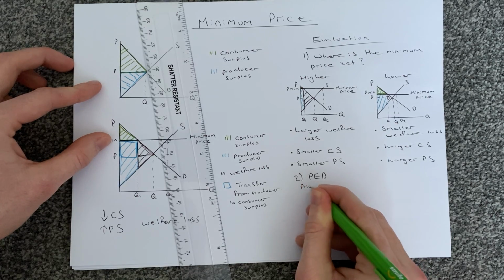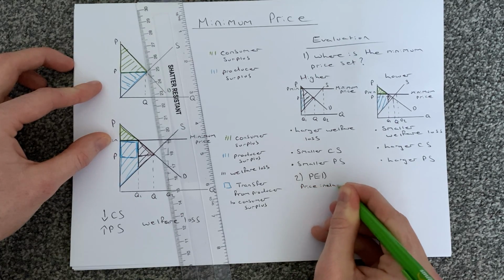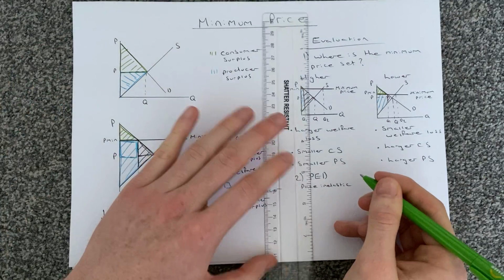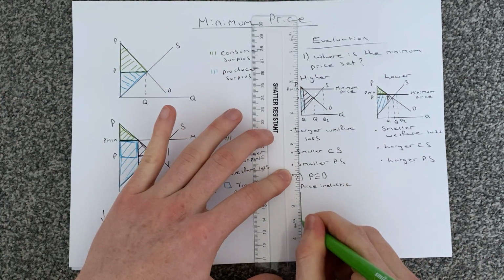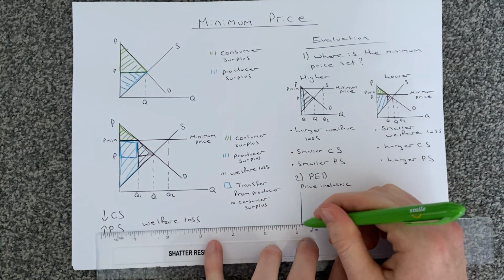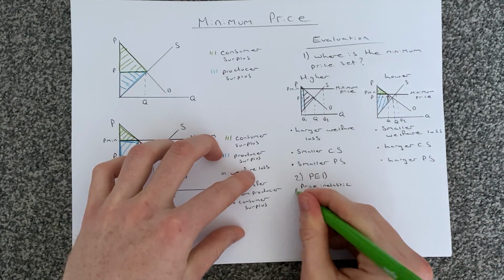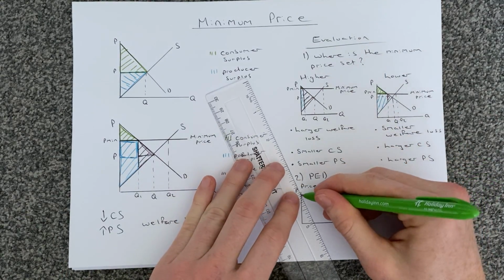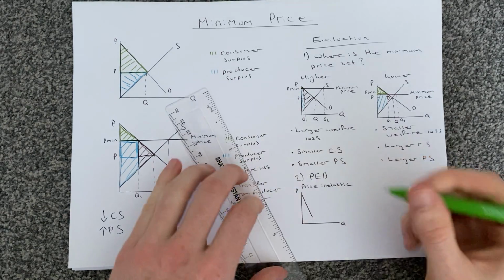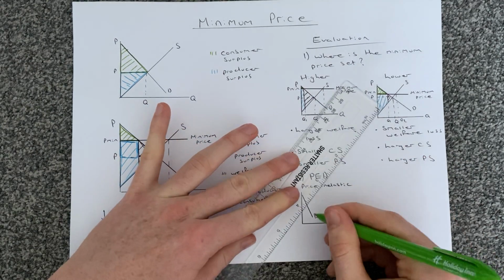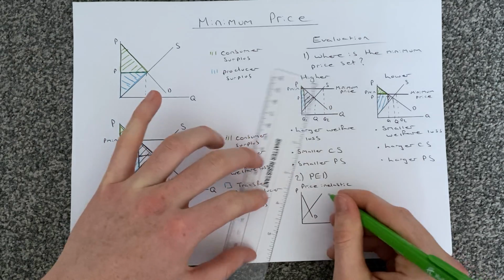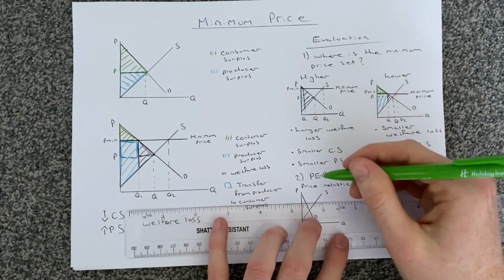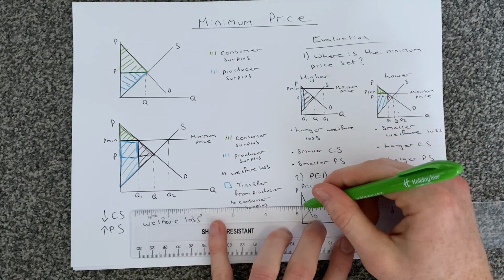So first of all, price inelastic we'll consider on this side. Draw our diagram to support us. P, Q. Remember to draw a nice steep demand curve. Introduce supply curve. We're making sure to set our minimum price.